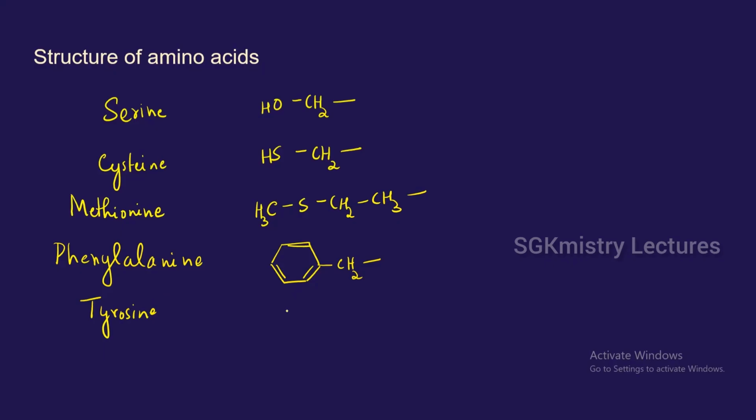So we have OH, C6H4. Again, this also contains an aromatic ring. Phenylalanine and tyrosine both have a phenyl ring. This is in the para position with respect to the R group. Suppose a question is asked, identify the amino acids containing the phenyl ring or the benzene ring. You should know that it is phenylalanine as well as tyrosine.